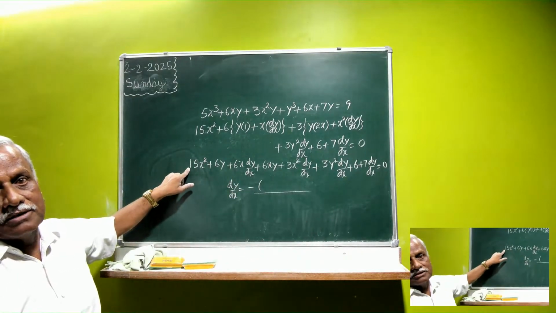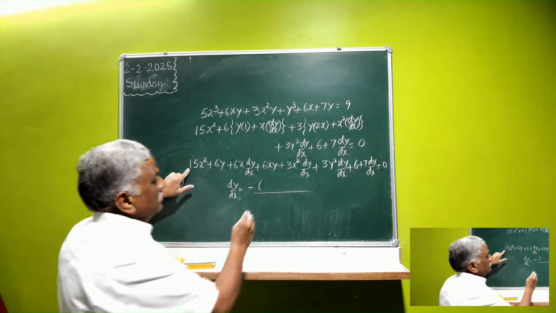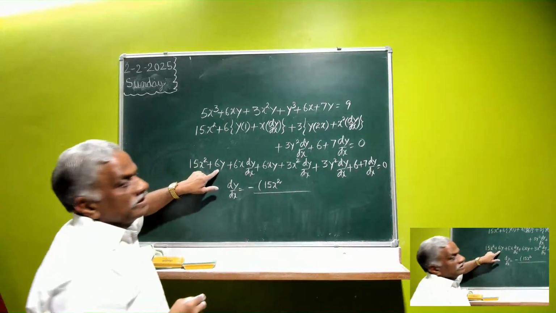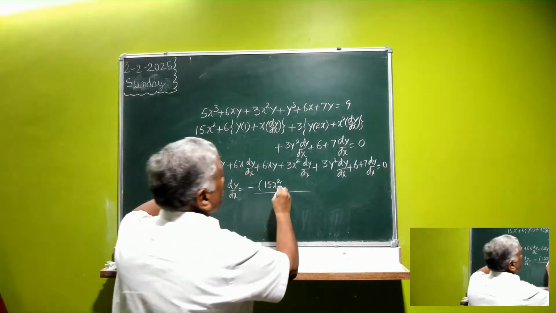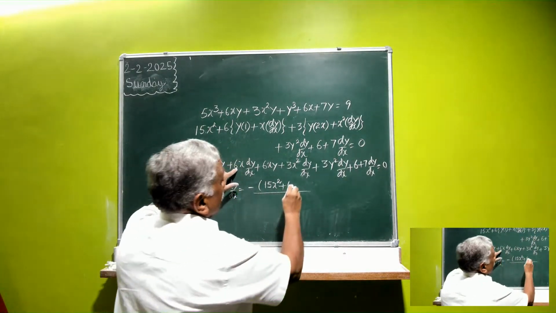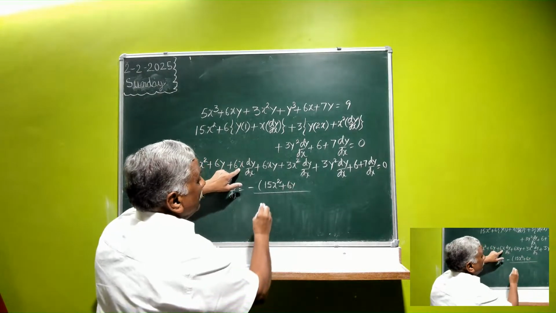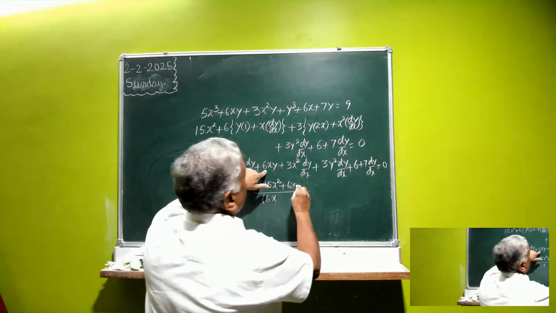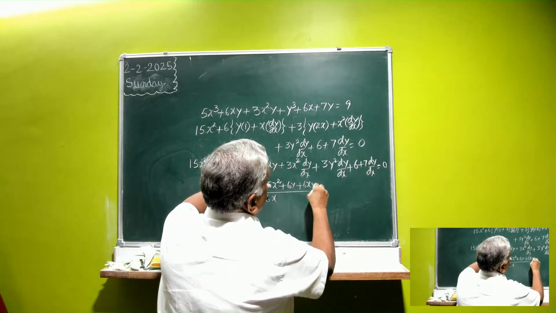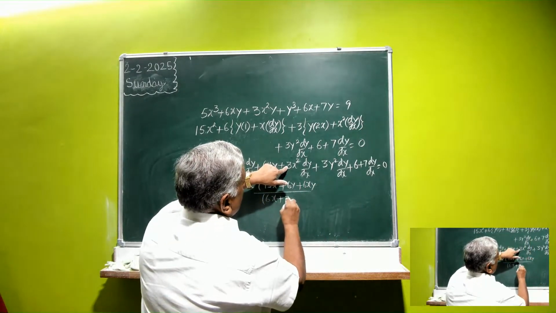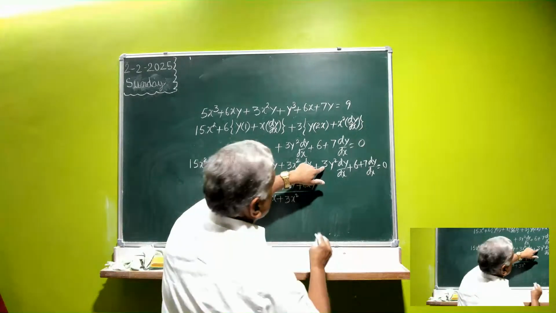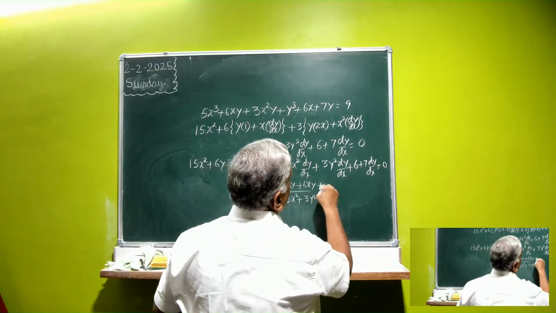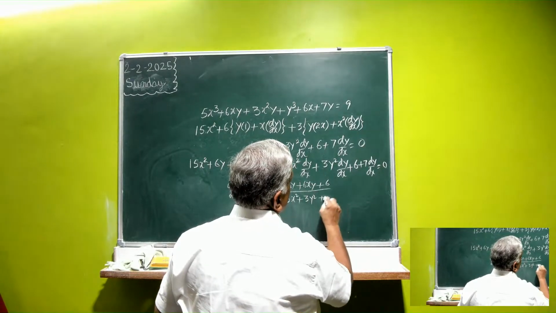If the term is not multiplied by dy by dx, send it to the numerator. This is not multiplied, send it to the numerator. This is multiplied, send it to the denominator. This is not multiplied, numerator. This is multiplied, denominator. This is again multiplied, denominator. This is not multiplied, this is multiplied.